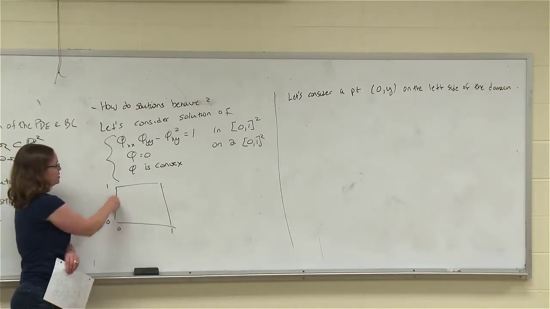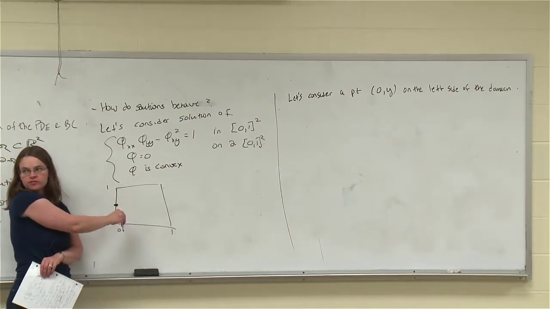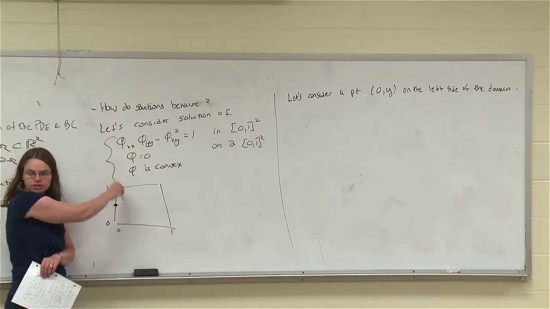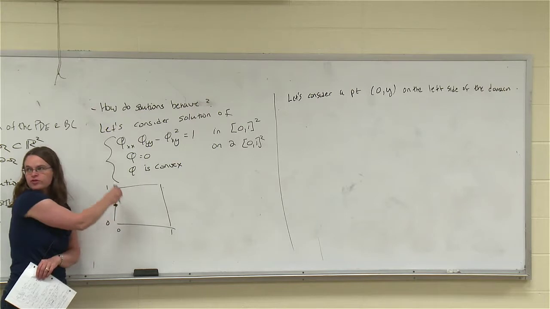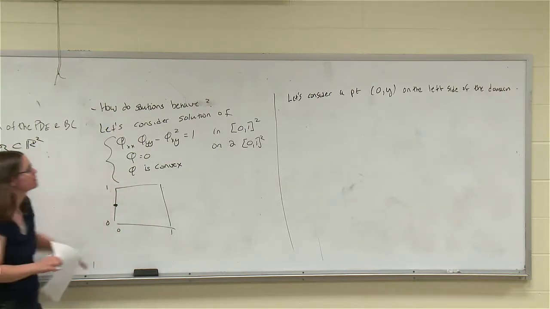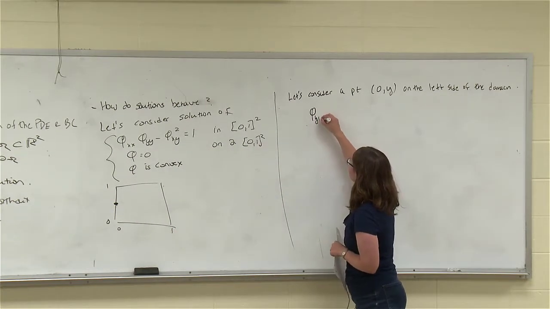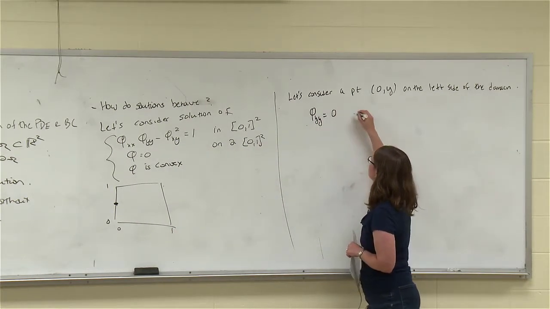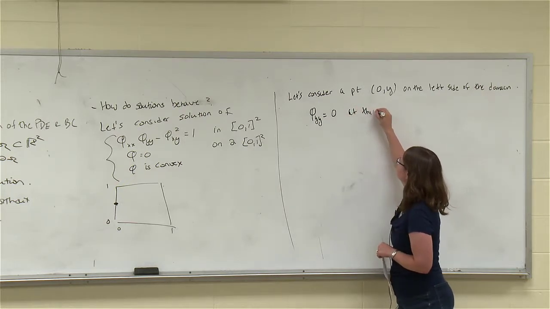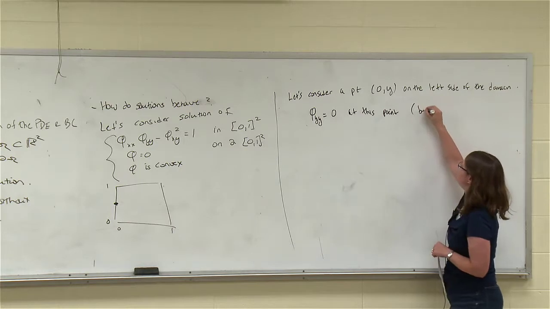Okay, we have a boundary condition. phi is equal to 0 all the way along here, right? So we can say something about the derivatives of phi here, right? In the y direction, the derivatives are all 0. The second derivatives are 0 because phi is constant along here. So certainly, phi yy equals 0 at this point. Okay? And this is because of the boundary condition.